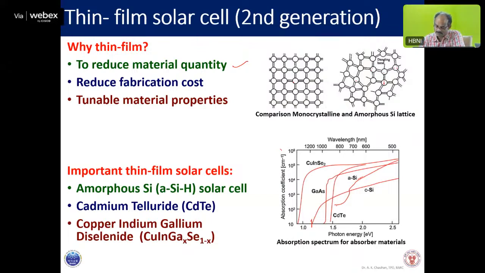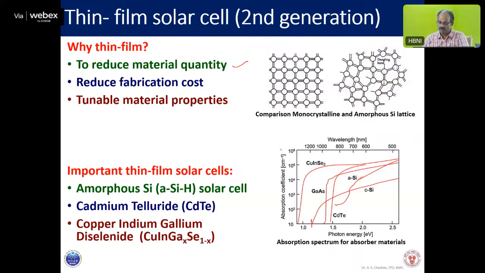However, amorphous silicon is just one order more than crystalline silicon. So if you are using about 0.3 mm of the crystalline silicon wafer, then the same amount of radiation can be absorbed in 0.03 mm of amorphous silicon.